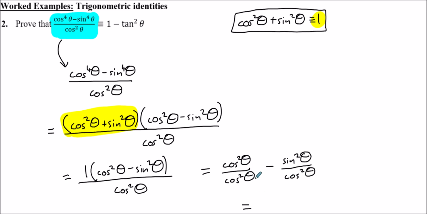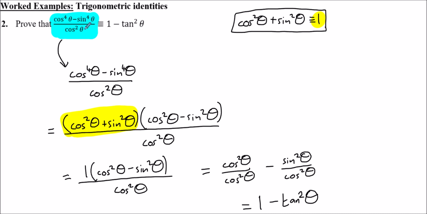Cos squared over cos squared, anything divided by itself is obviously 1, and then sin squared divided by cos squared equals tan squared theta. So we've arrived at what we wanted to arrive at.